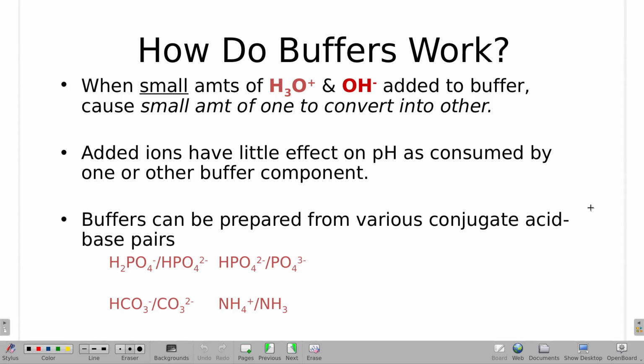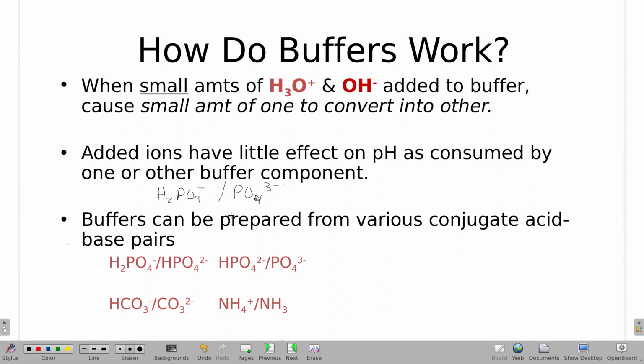Alright, fortunately, we're not going to do math with these. To actually answer any questions we need to know about buffers, we're going to ask ourselves two things. We're going to make sure that the acids are conjugate pairs. Now, we have to watch out for the pairs. See these first two? They look like they're almost the same thing. It would almost make you think that H2PO4 minus could be a conjugate pair with PO4 3 minus.